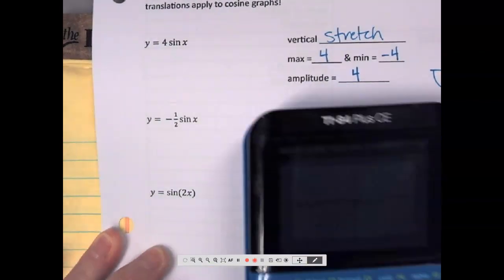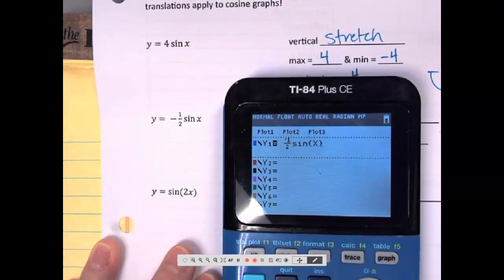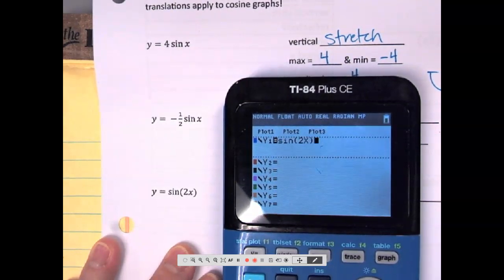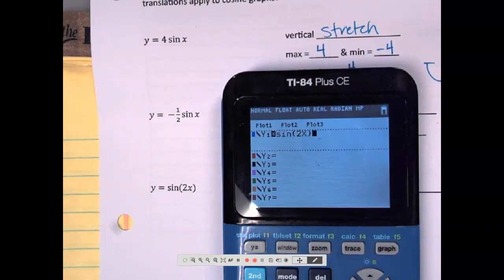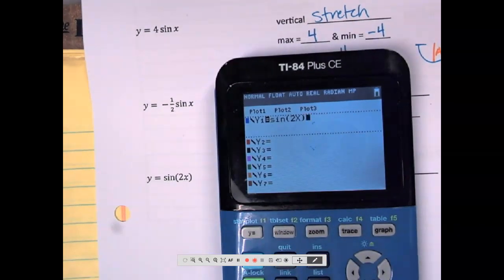Okay, let's graph this next one. Y equals sine 2x. Okay, so this is not a 2 out in front. This is a 2 with the x. So let's see what happens here.